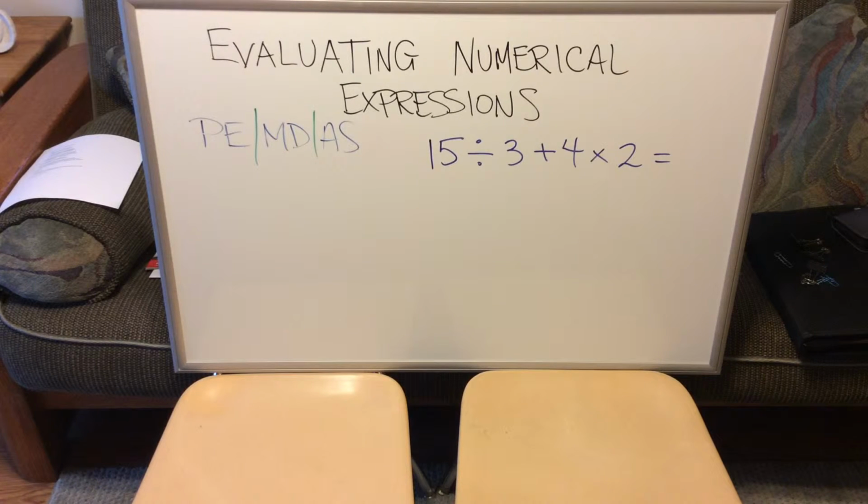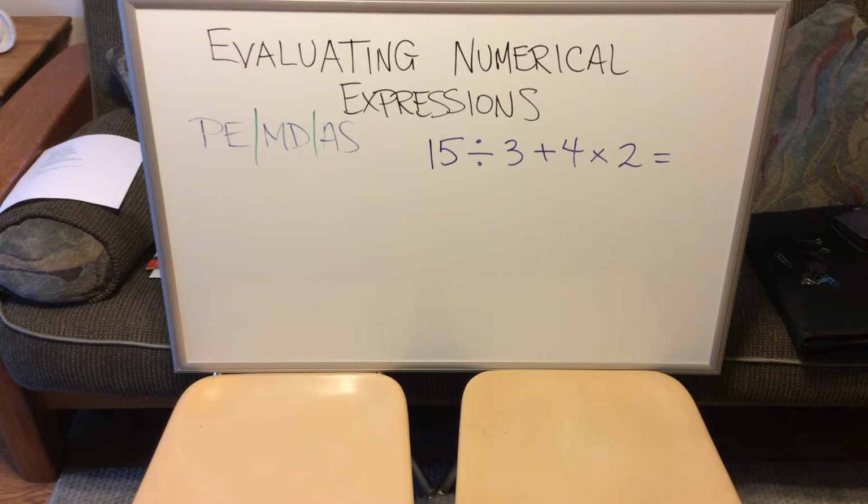But that is not the case. Don't make that mistake. When you have a numerical expression that has both division and multiplication in the same problem, you do the operation that comes first in the problem as you work left to right.